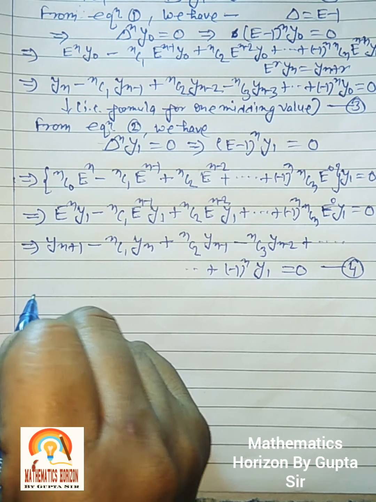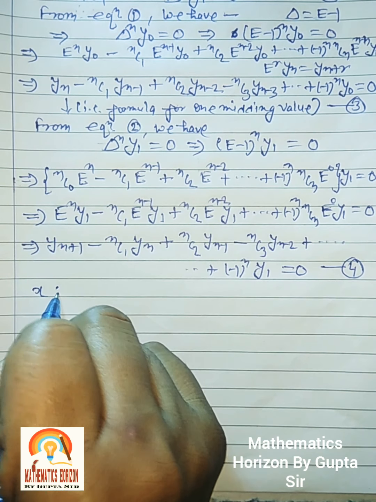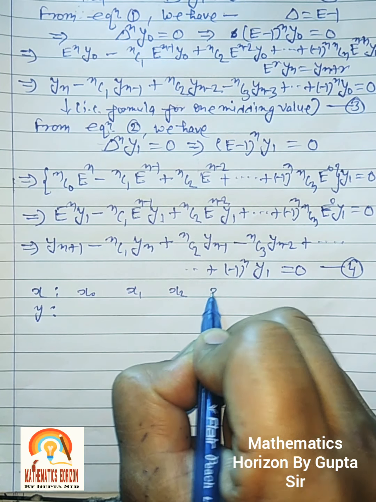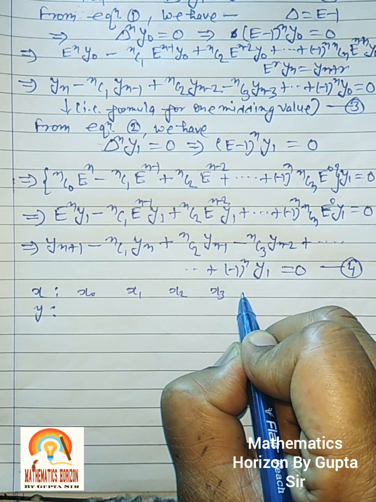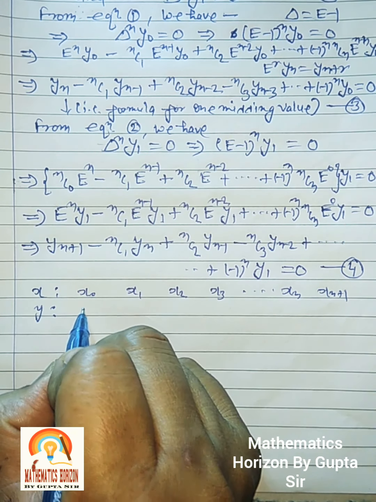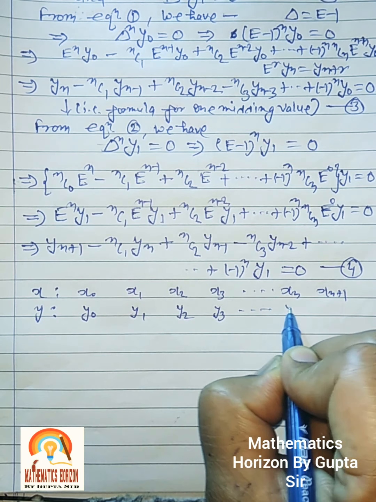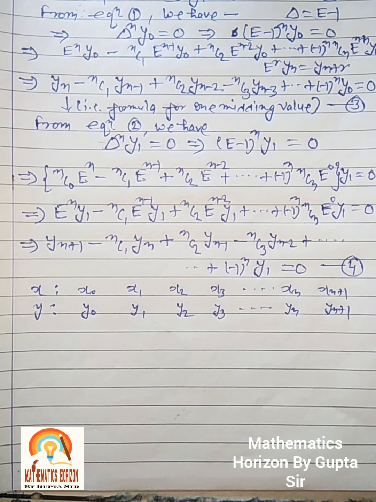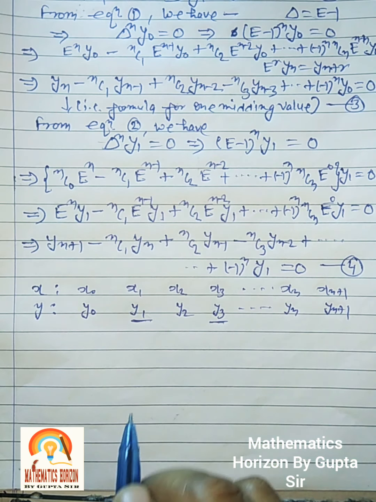Now we have this kind of data. We have data in this form: x, y, x0, x1, x2, x3, suppose x(n+1), and we suppose this data y0, y1, y2, y3, this is y_n and y(n+1). Suppose these two values are missing.